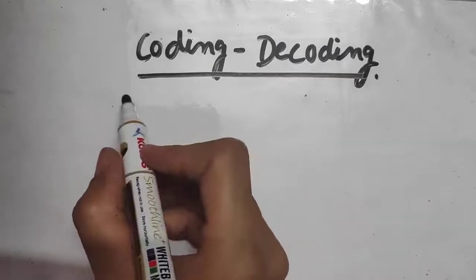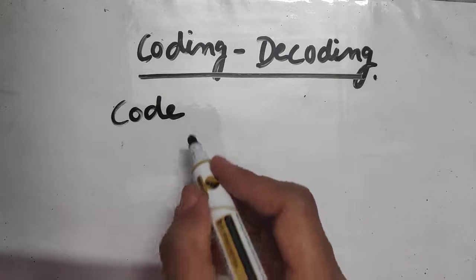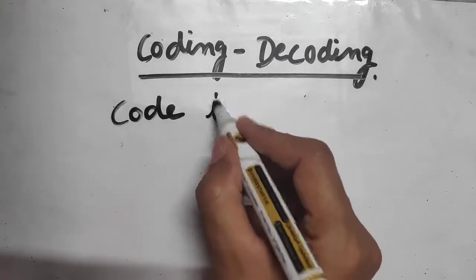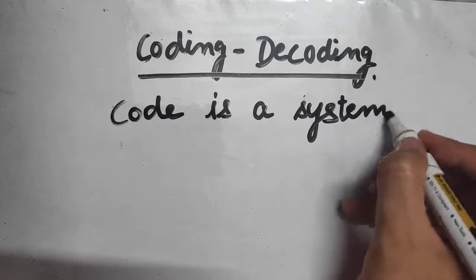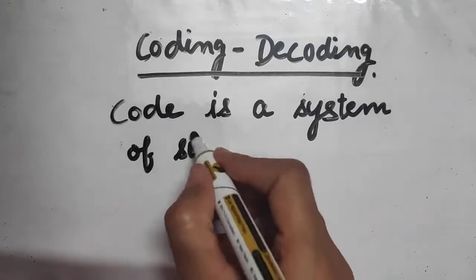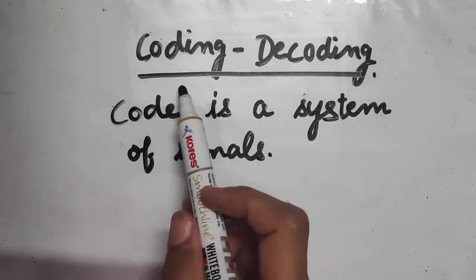So let us see what a code is. Code is a system of signals. And what is coding?